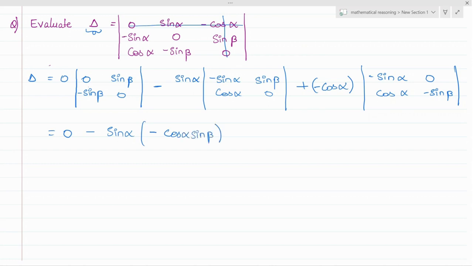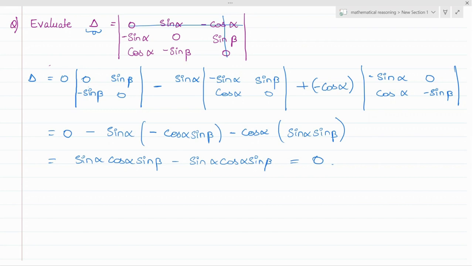And here it is plus into minus minus cos alpha. Inside it becomes minus into minus plus sine alpha sine beta. And this becomes 0. So from here we can write it as sine alpha cos alpha sine beta minus sine alpha cos alpha sine beta. So the value of this is 0.